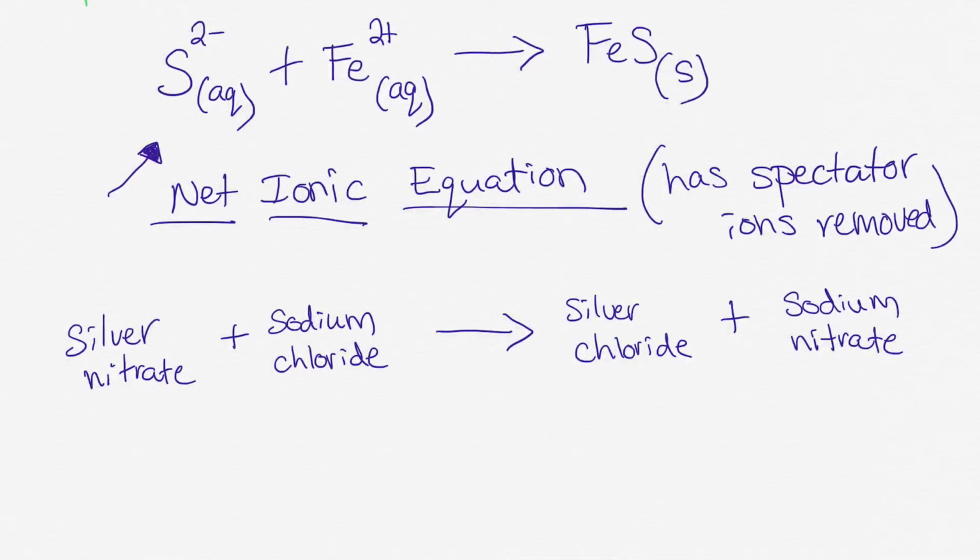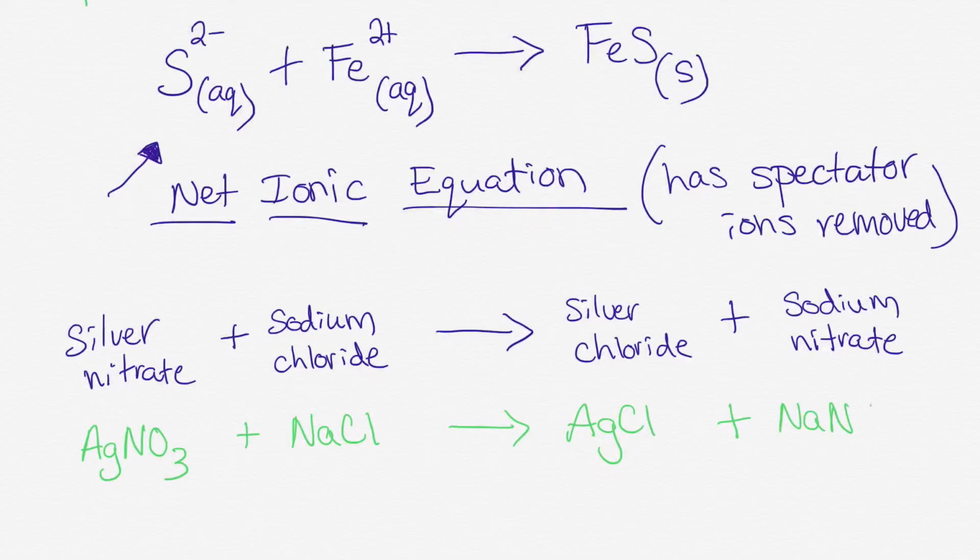So when we're ready to write our formulas, silver nitrate will be AgNO3. Sodium chloride we know is NaCl. Silver chloride, AgCl, and sodium nitrate, NaNO3.